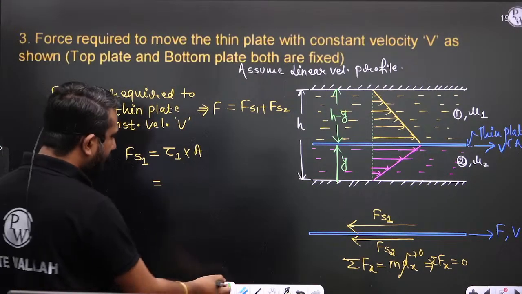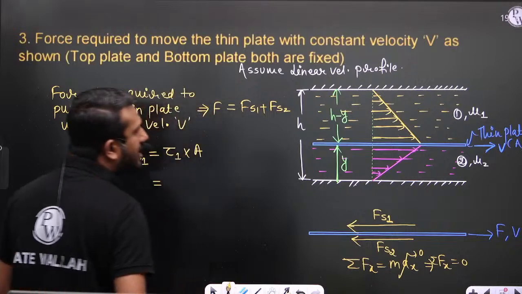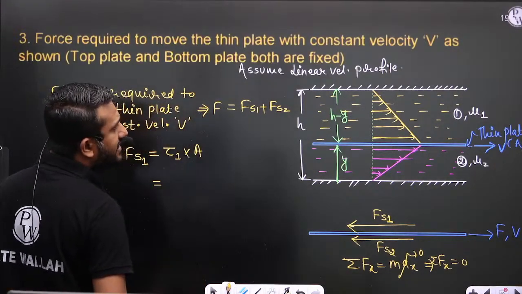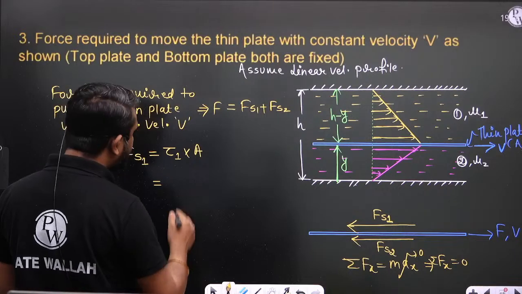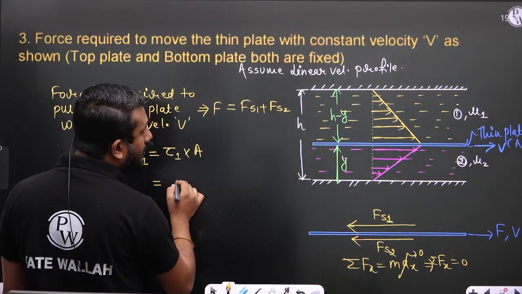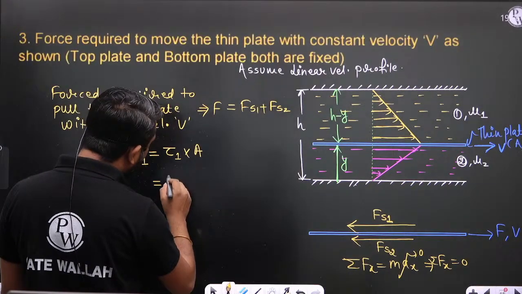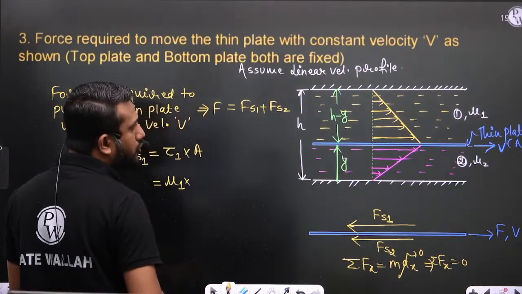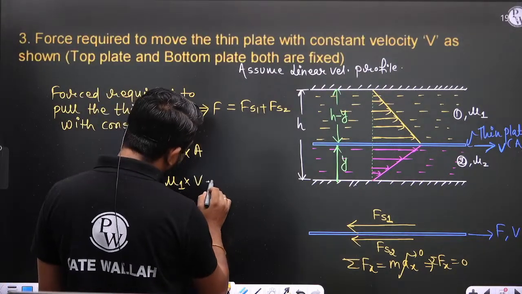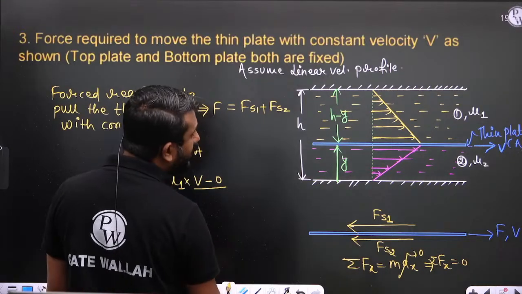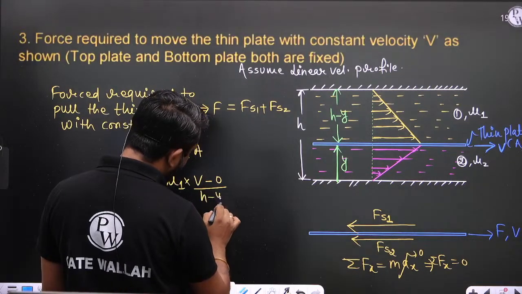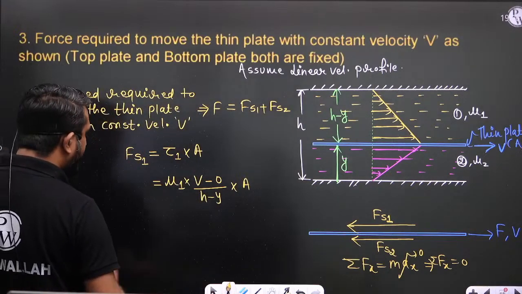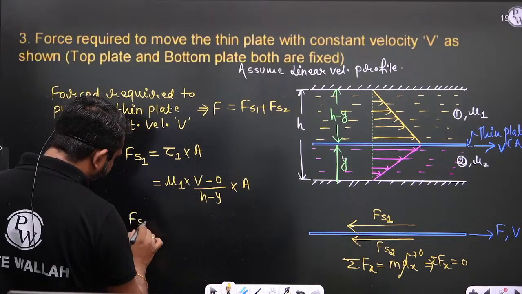Right, now find tau 1. So what is tau 1? Simply, this is mu 1 multiplied by the velocity gradient; the velocity profile is linear, so that is v minus 0 divided by h minus y, into A. What about Fs2?